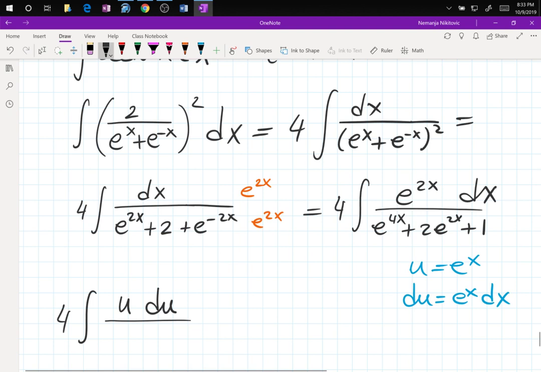You have 2 e to the x's, e to the x times e to the x. One of the e to the x's is a u, and the other one goes with dx to make du. On the bottom, we have u to the 4th plus 2u squared plus 1. Should u equal e to the 2x, not x? If you put a 2 there, the derivative would be 2.